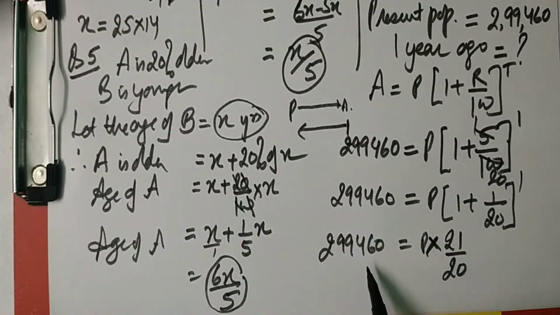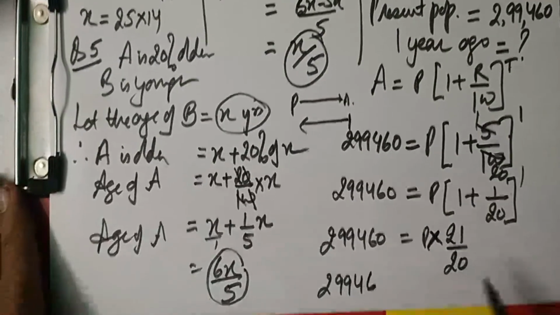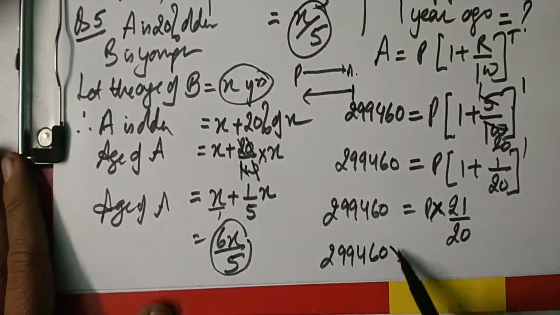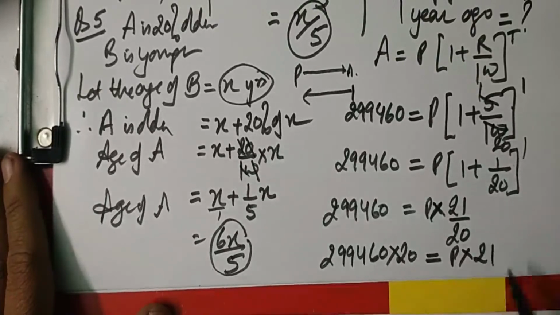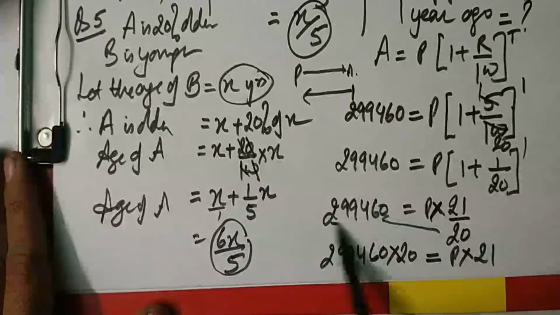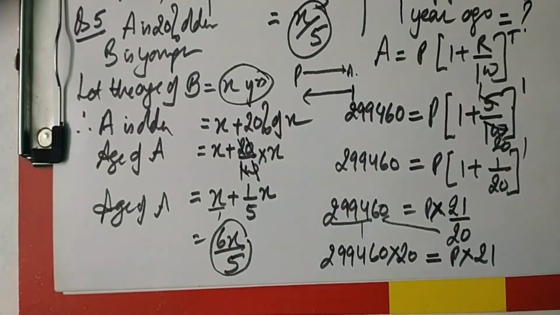Now cross multiply, 20 will come here and 21 will come down. So it will become 299460 into 20 is equal to P into 21. I have to cross multiply this because it is a fraction. Now when you solve this, what will happen?